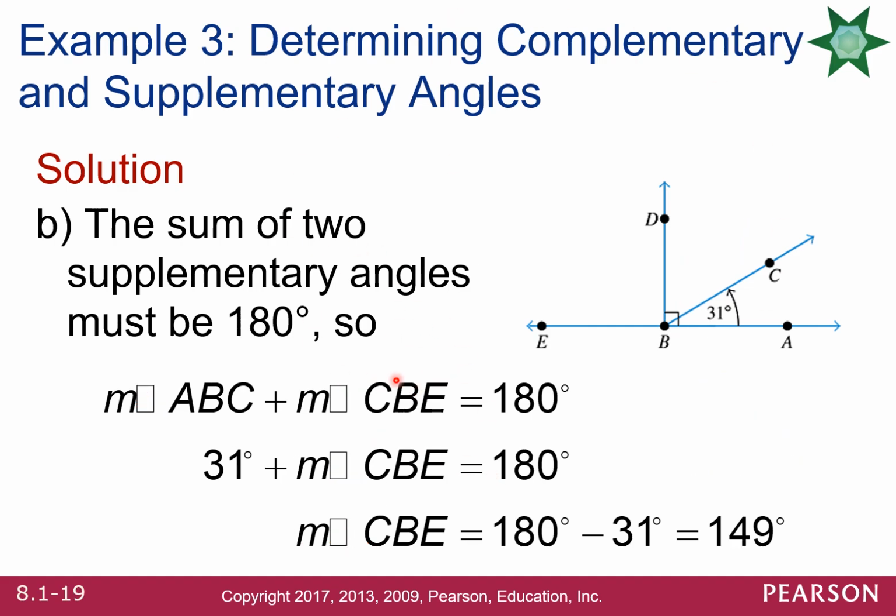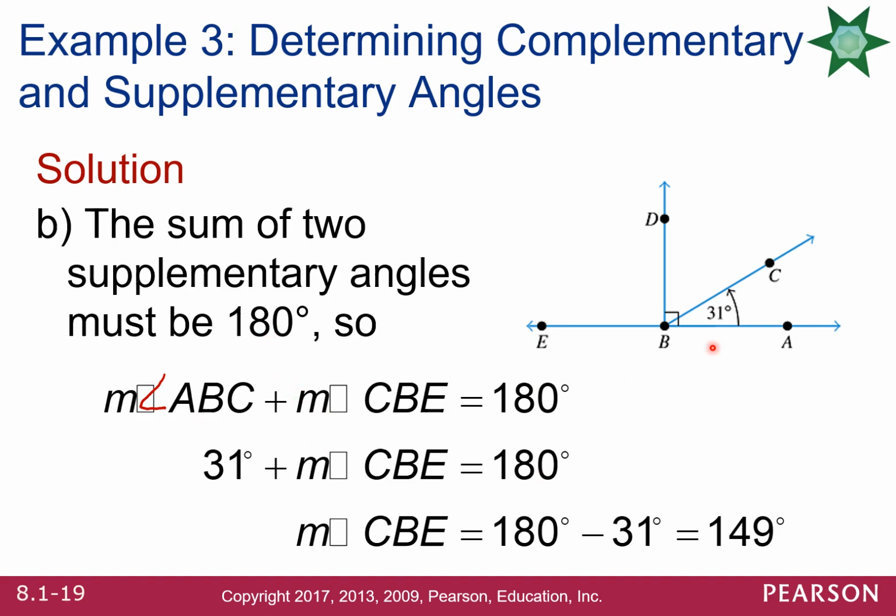So the next part of the problem was about supplementary angles. So it was angle ABC, whose measure is given, and CBE. These two angles were said to be supplementary angles, therefore they will add up to 180 degrees, right?